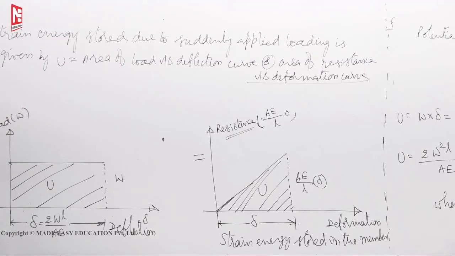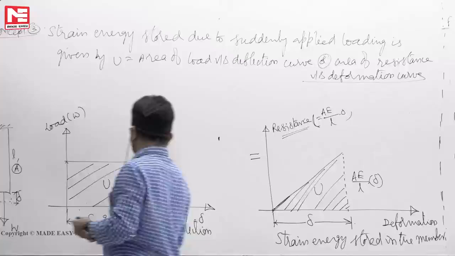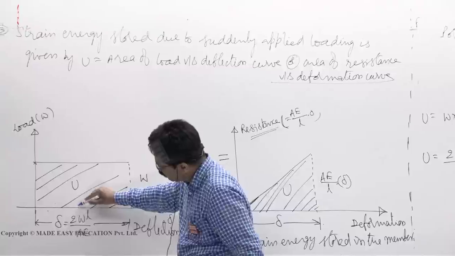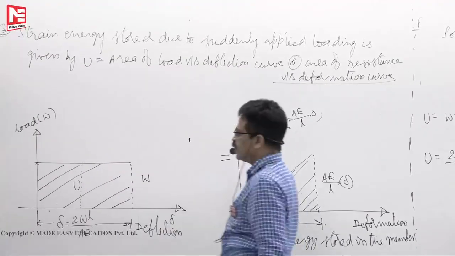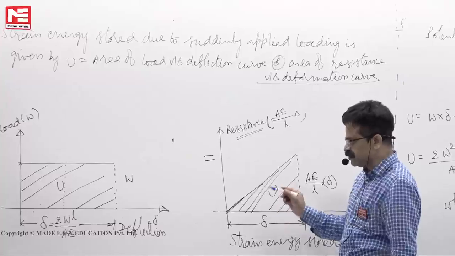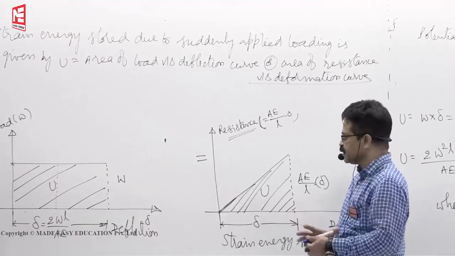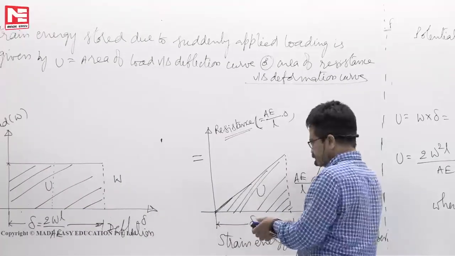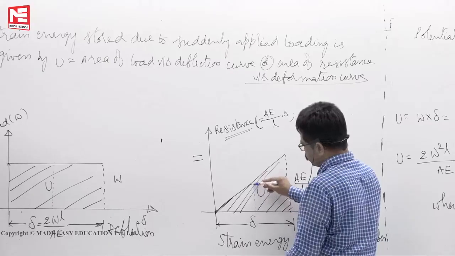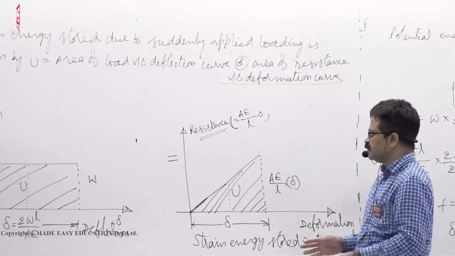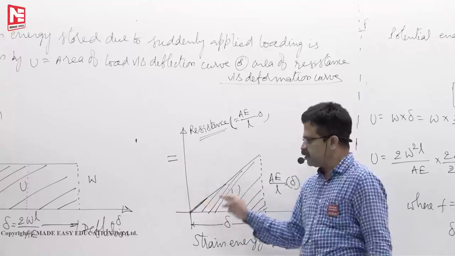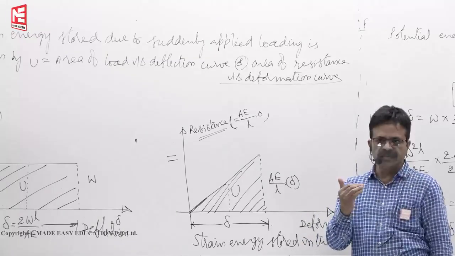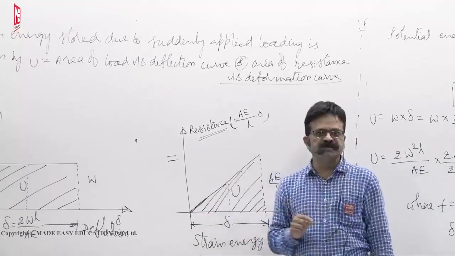If you see this diagram, if you take, instead of 2WL by AE, only WL by AE amount like this. Delta, if you take WL by AE amount, here also half only if I take it, delta is WL by AE. This rectangular area is more than this triangular area. That means potential energy lost is more than the strain energy stored in the member.